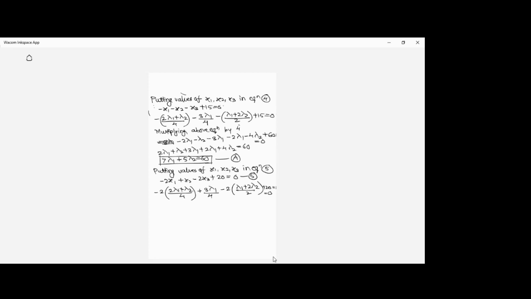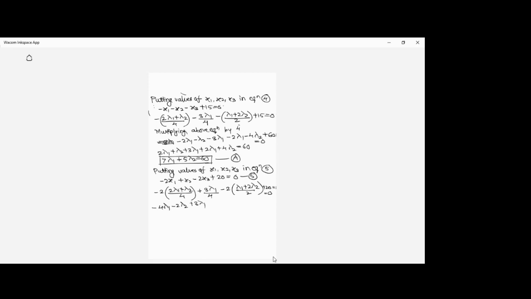So what we can do is multiply the same equation by 4, and what we can get is minus 4 lambda 1 minus 2 lambda 2 plus 3 lambda 1.